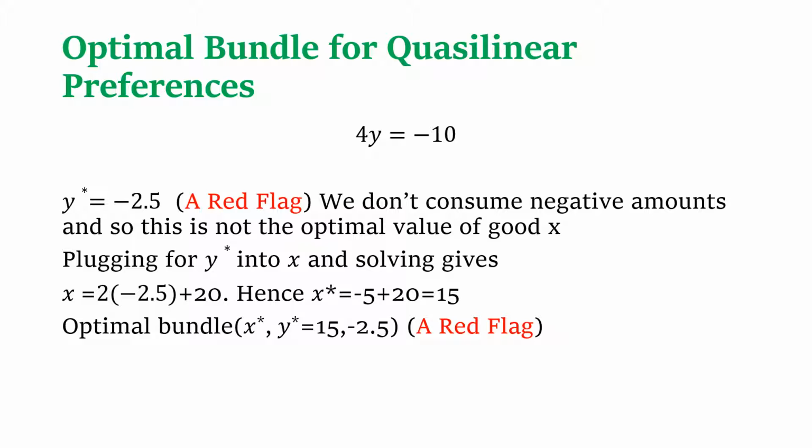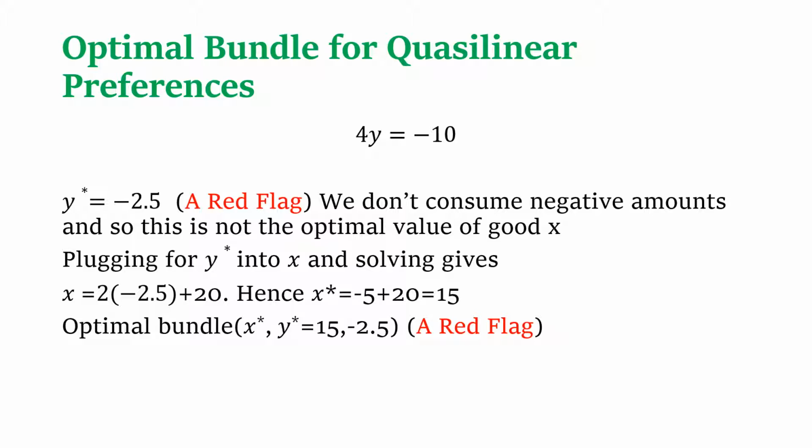So this is the reason why we say that for some goods, the consumer is not going to consume them. So in this particular case, y star is equal to minus 2.5, which is negative. So that is not an optimal point. If we substitute y star into x, we're going to have x star equals 15.